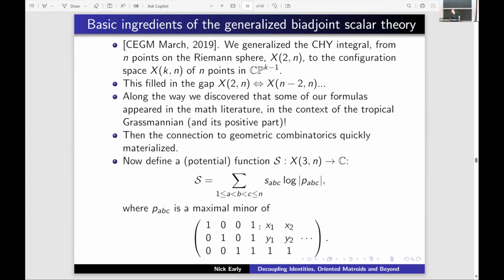Here P is a maximal minor of what you may choose to be this projective frame. And so you see that X(3,6), the first 6 columns, has dimension 4.